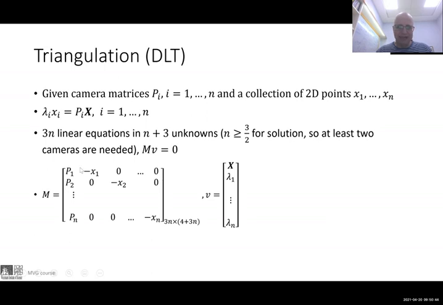So X is multiplied by the cameras, P1, P2, and lambda i are multiplied by x1, x2, etc. The size of M is 3n, because that's the number of equations, times 4 plus 3n.